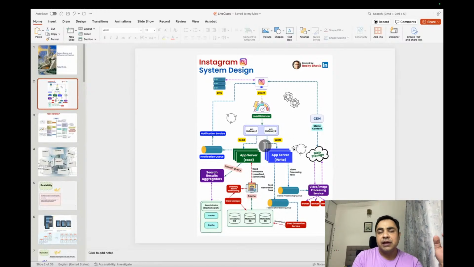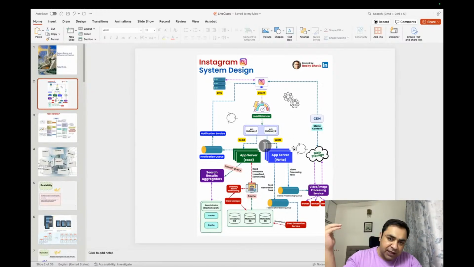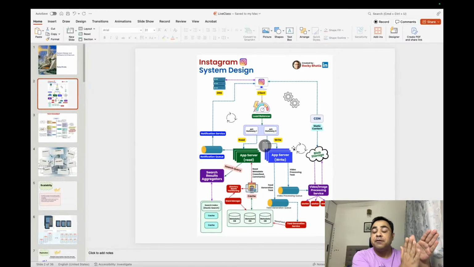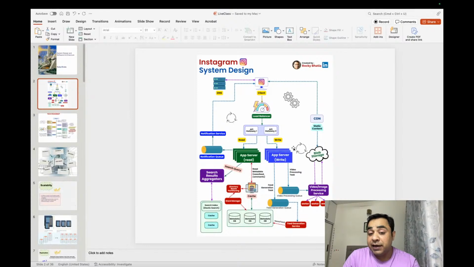And moreover, at a high level everybody understands what Instagram does in terms of functional requirements. But if you talk about non-functional requirements, where we talk about scalability, as you know, Instagram deals with 2 billion plus users. So scalability is the major area where they need to make sure that as the system is growing, they are able to meet the demand and provide that great experience.